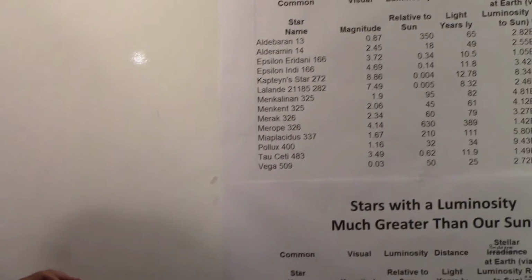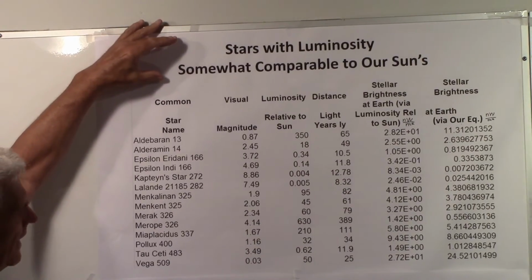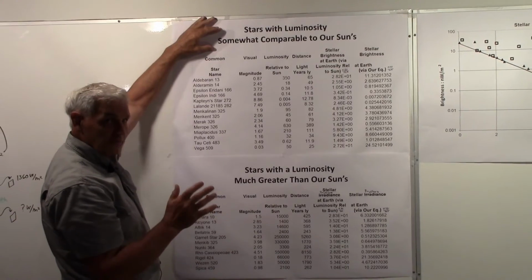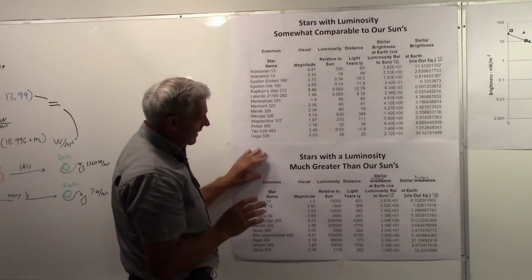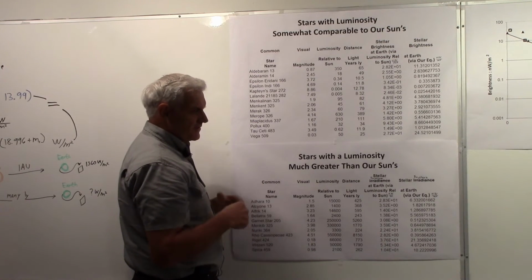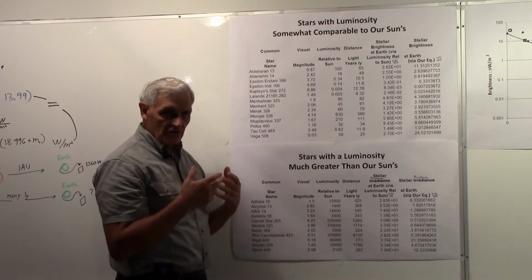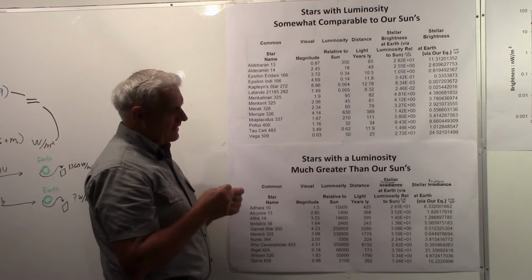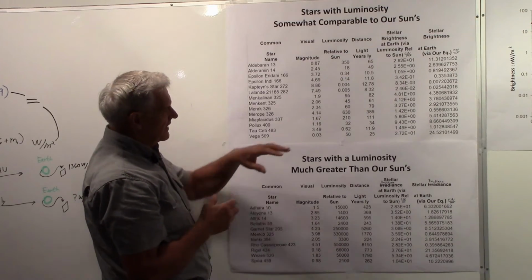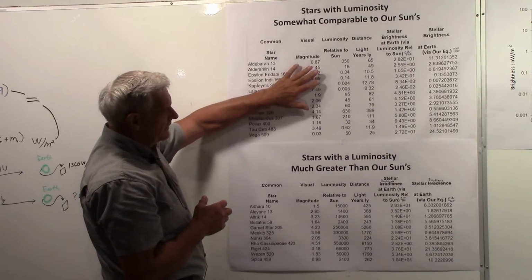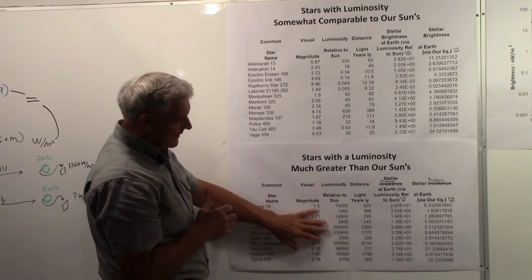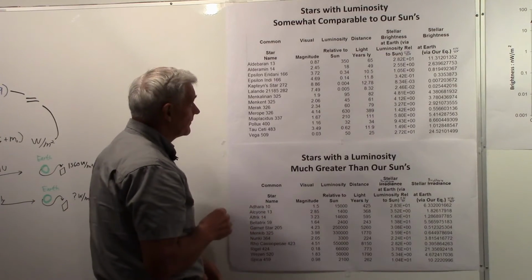So if we come over here, I have two charts here. One has stars with a luminosity somewhat comparable to our sun's. And here I have stars with a luminosity much greater than our sun's. Since I used the solar constant and the magnitude of the sun that we see from the Earth, you would expect that these stars would agree a little bit better with our equation than these, and we'll see that to be true.